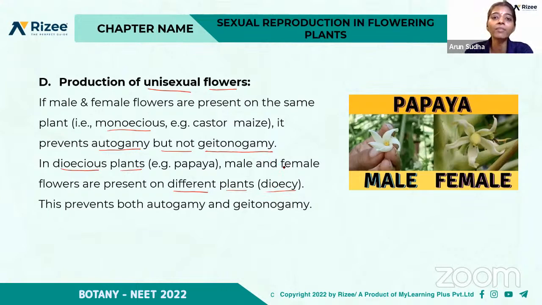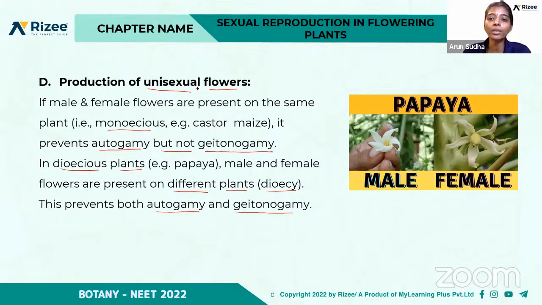This prevents both autogamy and geitonogamy, because the same plant will not have both male and female flowers. But in the monoecious condition, the male and female flowers are present in the same plant, so it can lead to geitonogamy.